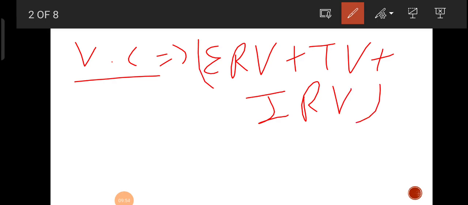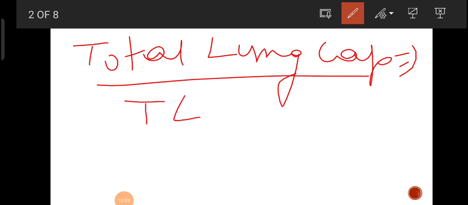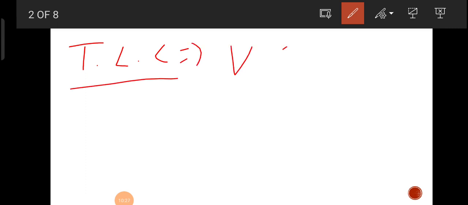Okay, there is a last one, that is total lung capacity, TLC. This does not mean total leukocyte count. This is total lung capacity. In case of total lung capacity, we are adding vital capacity plus residual volume.